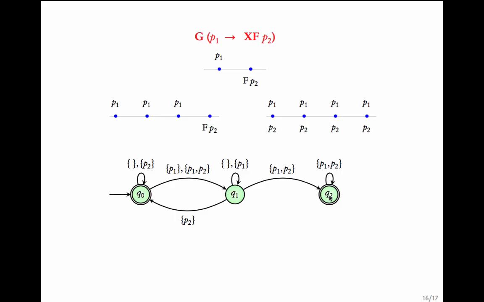Suppose you read these letters, ones that do not contain P2, that means for the last P1 that you have read and for this P1 that you have read, you are yet to ensure XFP2. So you have to come back to the state Q1. The other option at Q2 is you read just the singleton P2, which means for all P1s that have been read before taking this transition, XFP2 has been satisfied, and you can safely go back to this state which is capturing this particular situation.